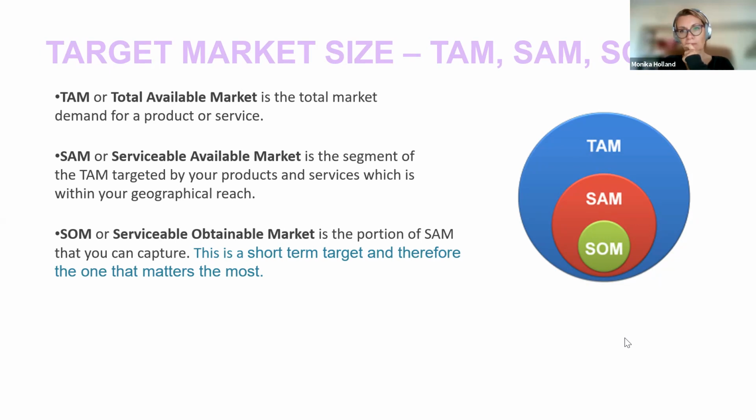Why SOM was only 2% in your example? Yeah, basically, because as Monica mentioned, usually it's 2.5 to 5%. So what you can expect to achieve in the first couple of years, and that would also be a great result. So yeah, it probably comes from practice.